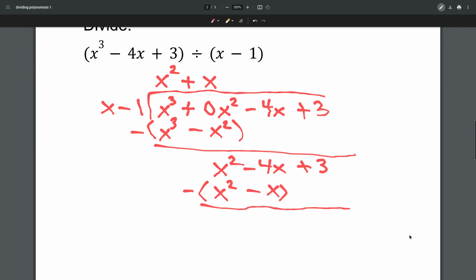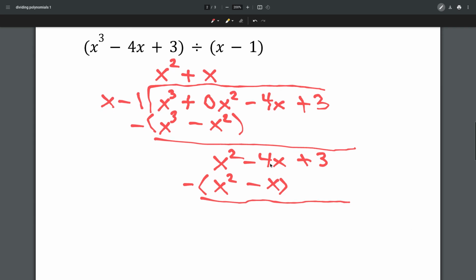Okay, so if we subtract, we do x squared minus x squared is 0, but negative 4x minus a negative x is like negative 4x plus x, so that gives me a minus 3x, or negative 3x plus 3.